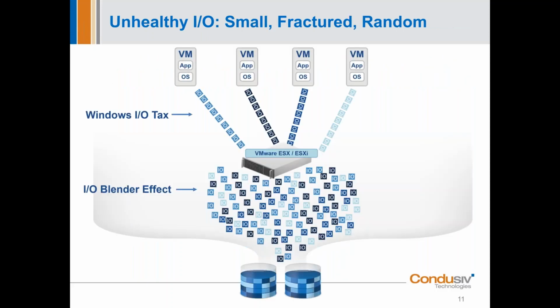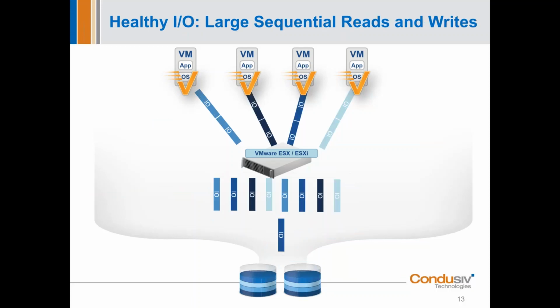By installing V-locity on all of your Windows virtual machines, you will quickly get from this situation where you have small storage traffic that gets further randomized by a blender effect as it passes through the physical ESX or ESXi host, to this, where the storage traffic is much more sequential, so that you can now actually get the performance that you paid for when purchasing your VMware environment and its associated hardware.